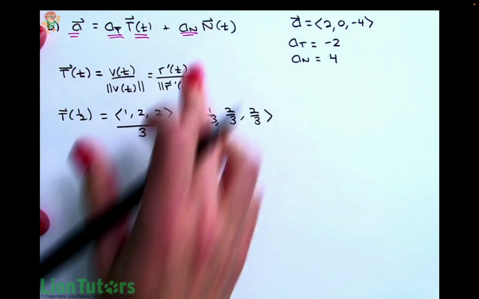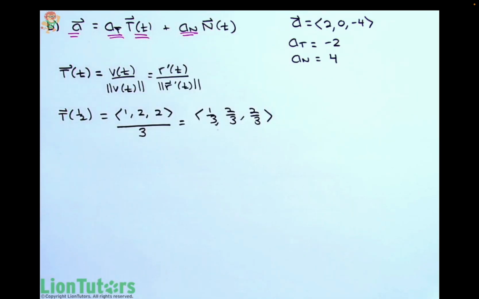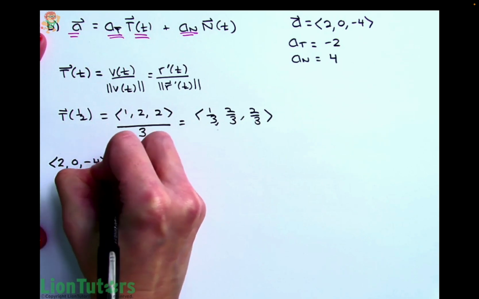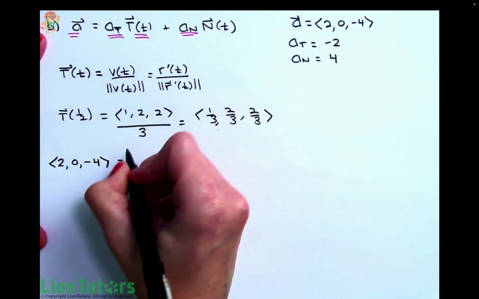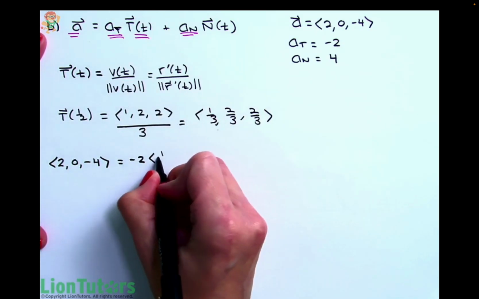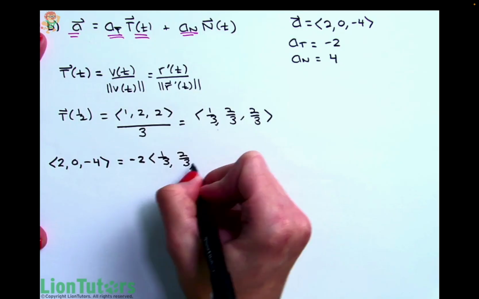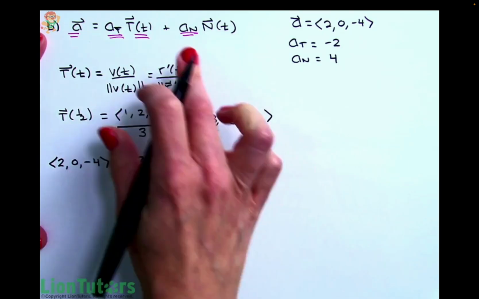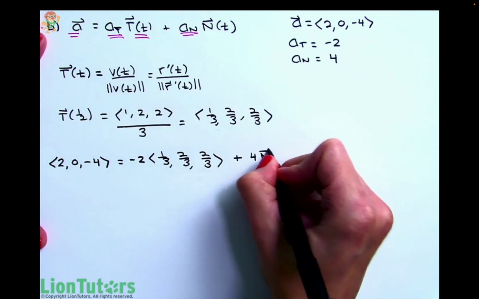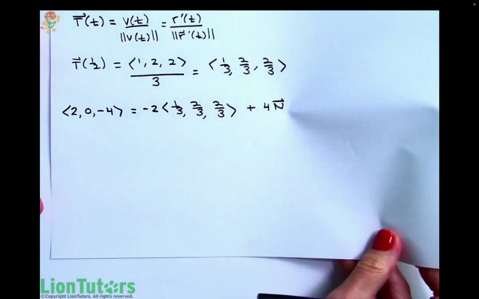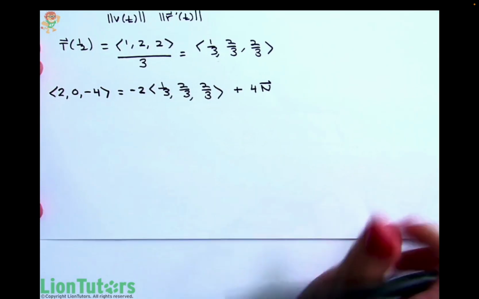And now that we have everything except that normal vector, we can solve for the normal vector by plugging into this equation here. We know that our a is 2, 0, -4. Our a sub t is -2. Our tangent vector, T of t, we just computed to be 1/3, 2/3, 2/3. And then it's plus our normal component, which is 4, times our normal vector that we're solving for. So all we need is a little bit of arithmetic here.